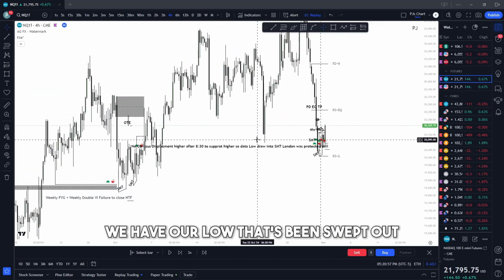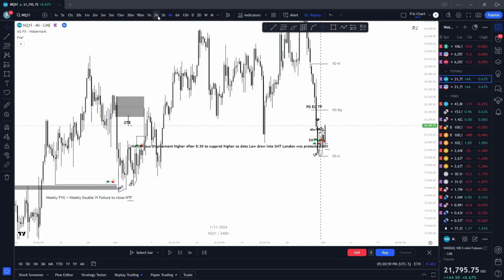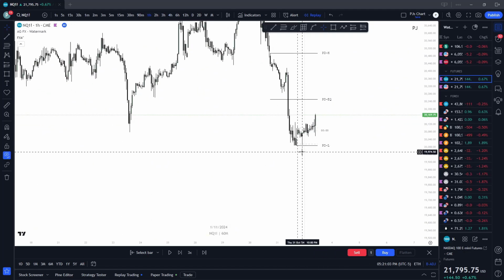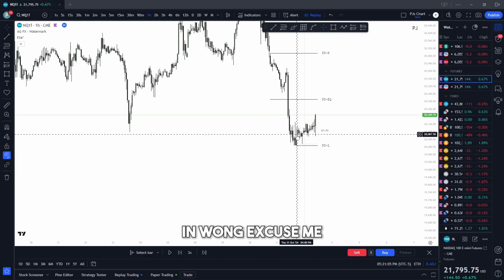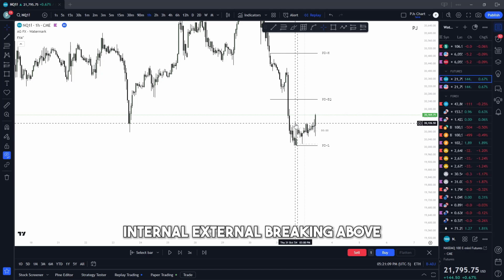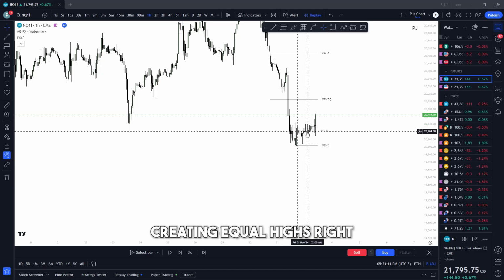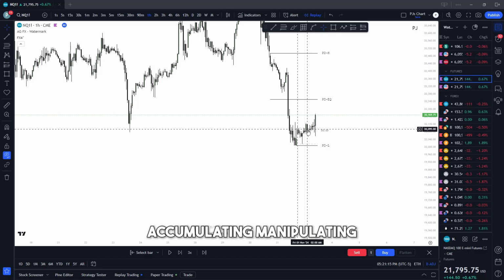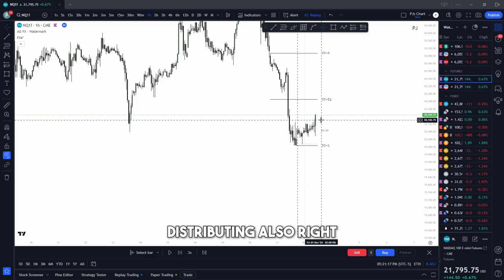We have our low that's been swept out. We look to the hour, internal, external, breaking above, creating equal highs, and then moving below, accumulating, manipulating, distributing.